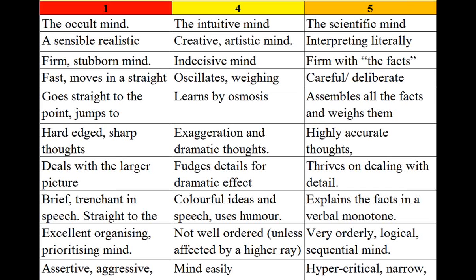And if you see anyone who wags their head backwards and forwards, side to side, and they're humming and hawing, and they use exaggeration or drama to convey what they're thinking, if they can be colourful with their ideas and their speech, often use humour, might laugh, then you can be pretty sure that you're looking at a ray 4 mind.